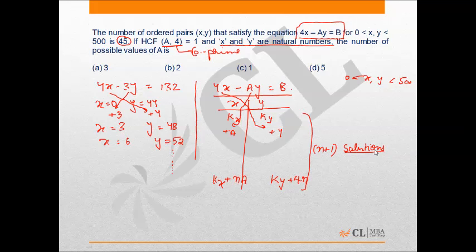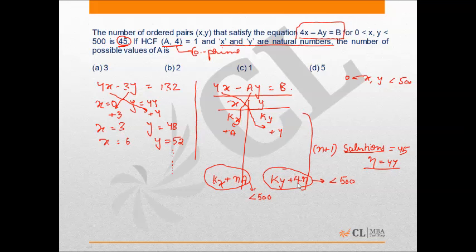Second important thing is that ky plus 4n should be less than 500. Similarly, kx plus na should be less than 500. Another important thing is the number of solutions is 45, so n plus 1 should be 45. So what is the value of n? 44.